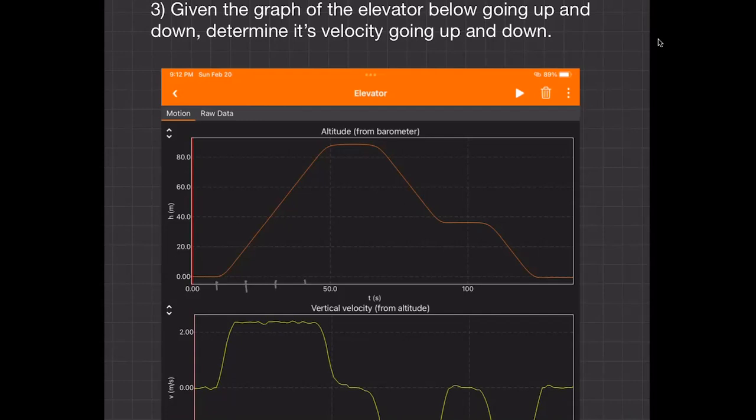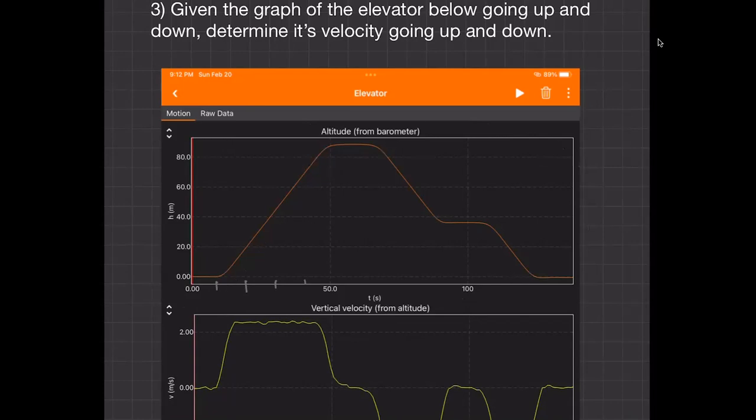Now if you're going to analyze this, to determine the velocity given this position time graph, what do you get? You need to determine the slope. We have different segments here, but here it's just determine the velocity going up and down. So perhaps you can just determine the velocity here and here.